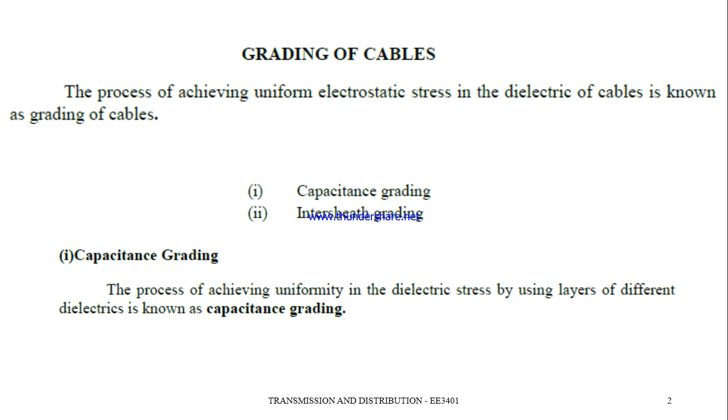The surface layer of the insulation in contact with the core, nearer to the outer surface of the conductor, will be subjected to a greater potential stress when compared to the layer which is away from the core conductor. So there occurs an electrostatic stress in the insulation level, that is, the dielectric of cables.